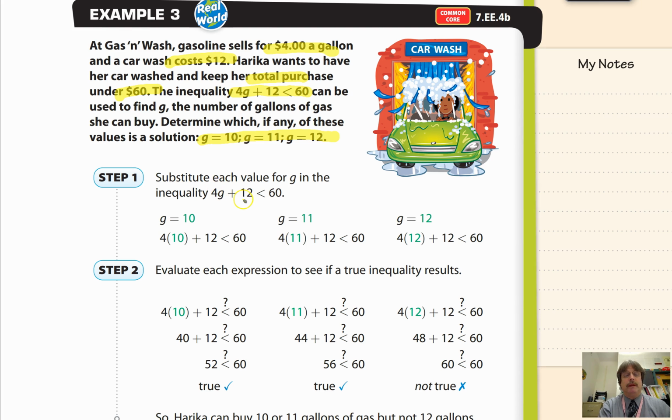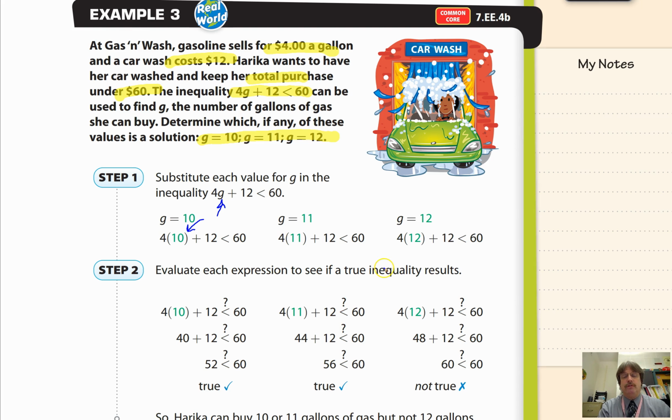So 4G plus 12, and her total is no more than $60, so we're going to use the less than or equal to sign for 60. If G were 10, we're going to substitute anywhere you see G in the equation, and then solve. So 4 times 10, of course, is 40, plus 12. Is that less than or equal to 60? Well, 40 plus 12 is 52, so yes, that is a true condition.